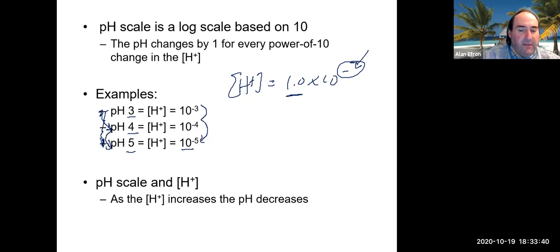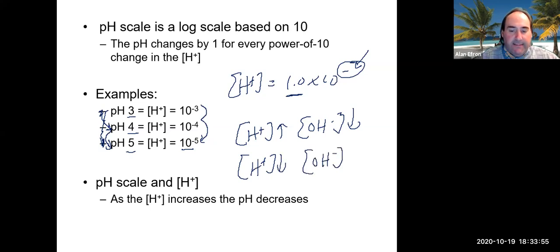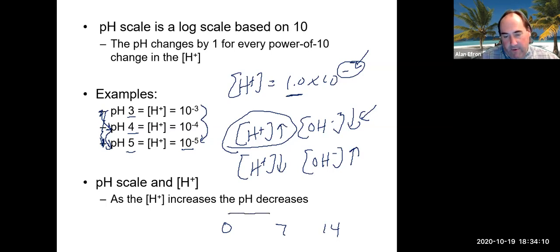As the H plus concentration increases, the pH goes down. And again, that's because as the H plus goes up, OH minus goes down, and vice versa, as we talked about earlier. So in a situation where the H plus increases, that means there's more H plus in the solution, less OH minus, and that means that the solution in terms of the pH scale will head more this way.